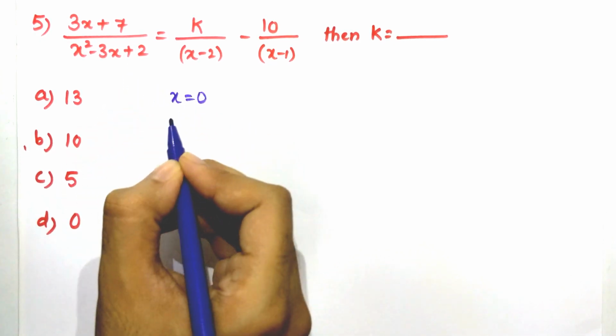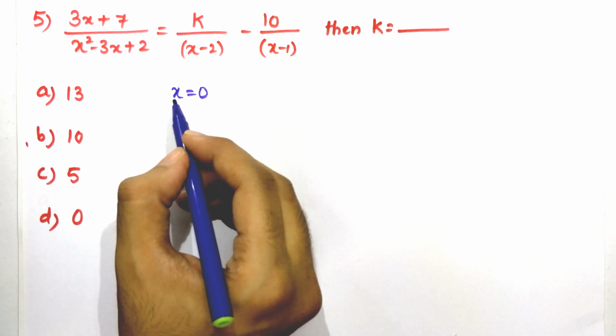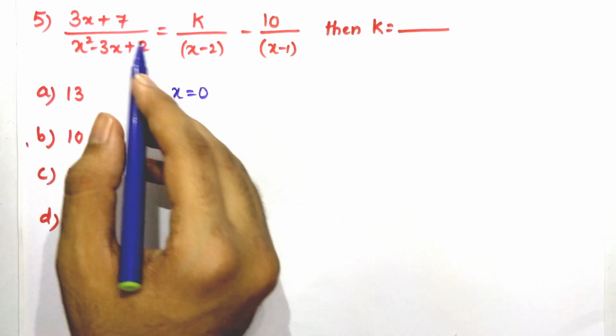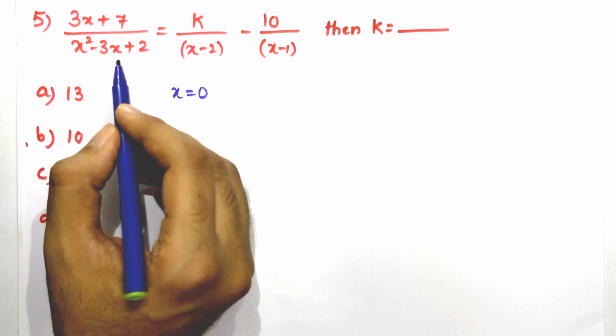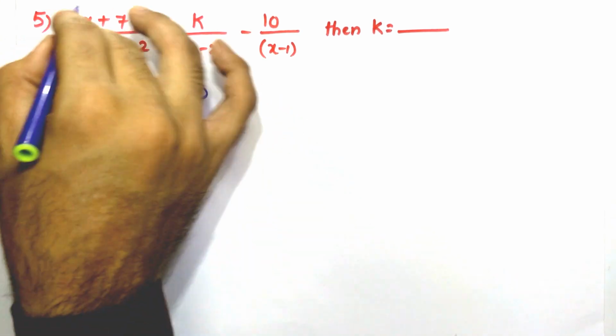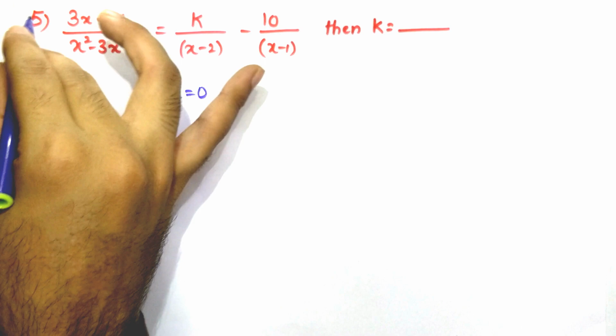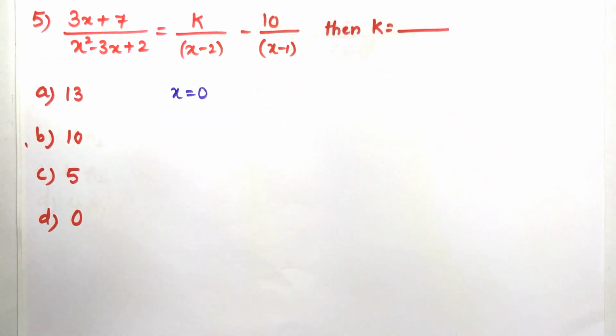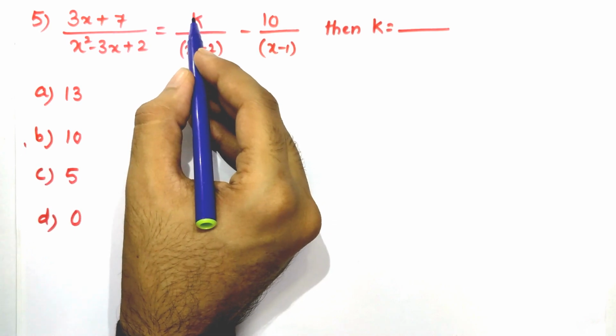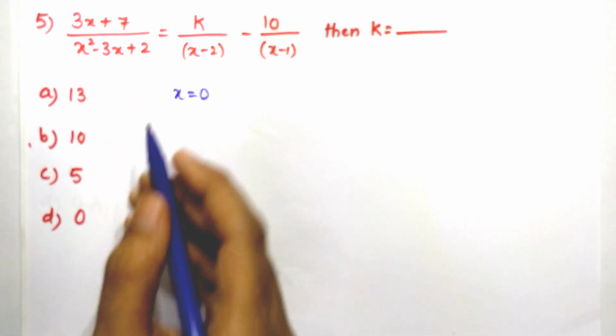But you should remember one condition: you need to take a value of x such that the denominator should not become 0 for that value. Here I am taking x as 0 because in the whole equation there is only one constant. We know that if the equation contains only one constant, we can easily determine it.